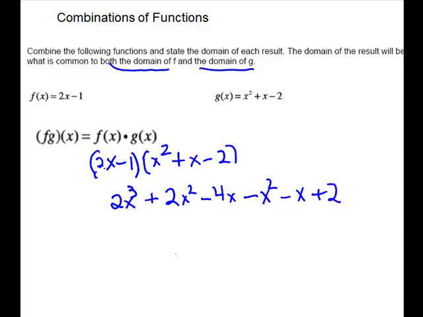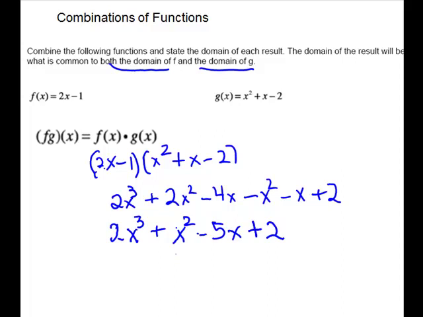And then combine like terms. So there is no other x cubed term. x squared, 2x squared minus 1x squared is x squared. Minus 4x and minus 1x is minus 5x. And plus 2.